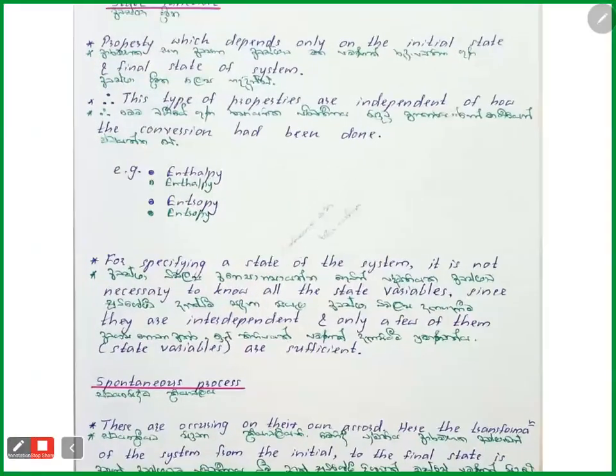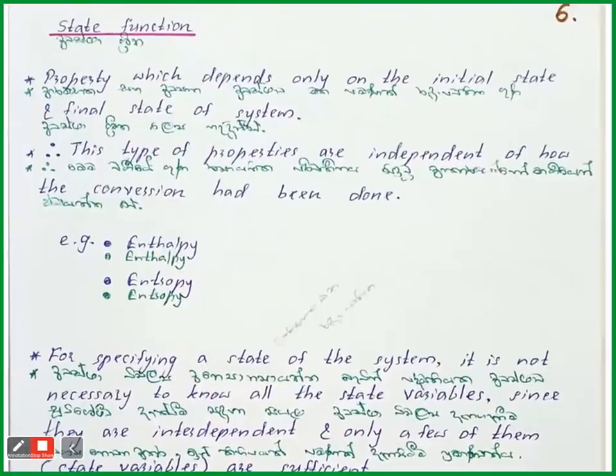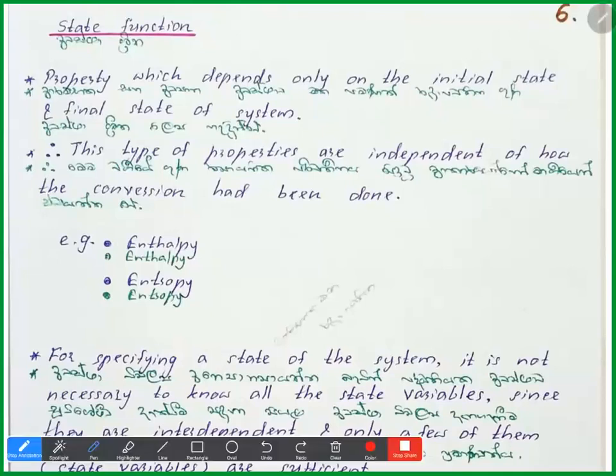Okay, then state function. State is again these properties, extensive, intensive, macroscopic, microscopic. Function means it is changing with these properties. And here in energetics, a state function is something that depends only on initial and final, but is independent of how the conversion is going on.